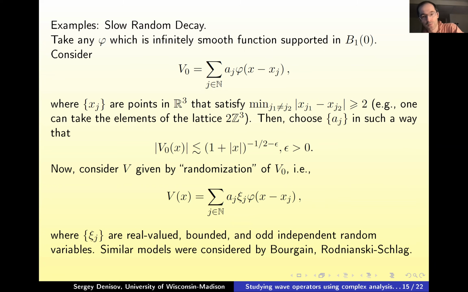Here I'm actually proving some deterministic result, and then I show that almost surely this model satisfies the condition of this deterministic result. So my basic point is that there are many, many potentials for which these conditions of the theorem are satisfied.